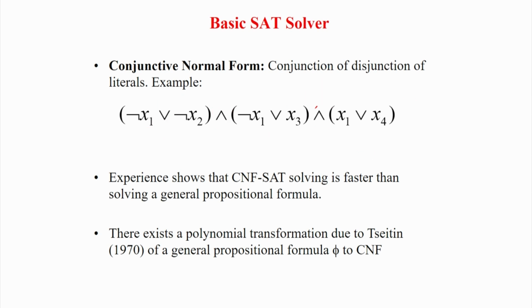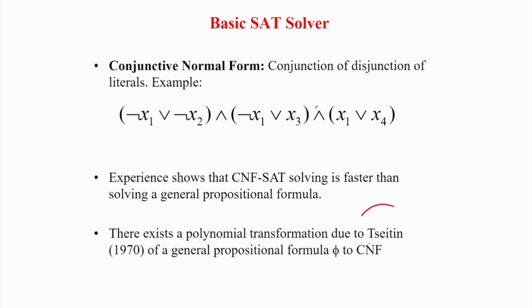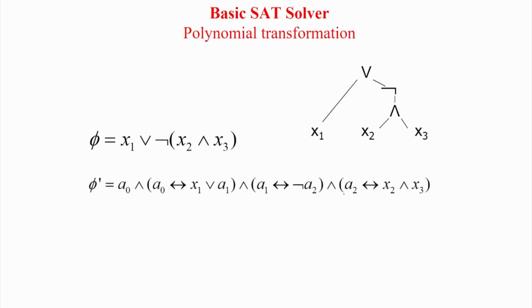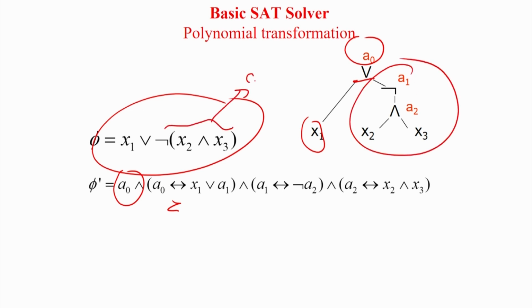Okay, and then I will show you how you write it. There is a distinct way of writing the solutions. So if you have a formula like this, x or not of x1 and x2, how do I write it? It is written something like this: a0 if and only if x1 or a1. That means this whole thing is represented by a1.